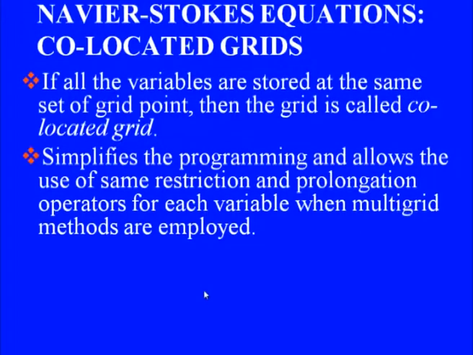And in this case, there is considerable simplification in programming, and specifically if you want to use advanced or what we call fast solvers based on multigrid methods, there we need to use restriction and prolongation operators for the hierarchy of coarse grids which we use.